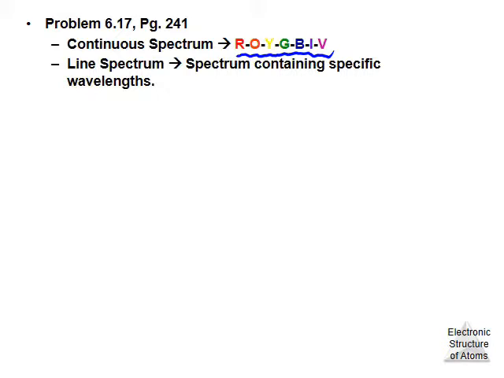But most elements, when they're heated and give off radiation, would give you some of these colors, not all of them. Those are called line spectrum, and they're very characteristic of those elements. So now let's go over problem number 17, page 241.